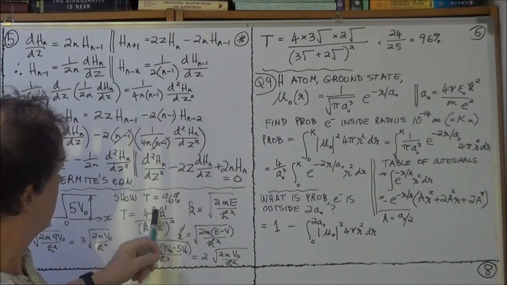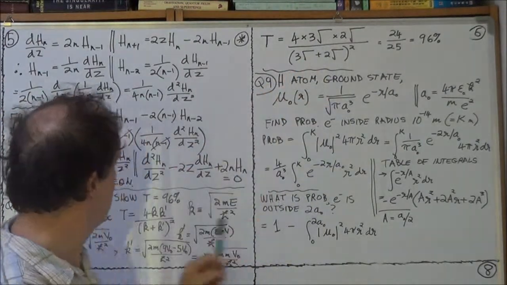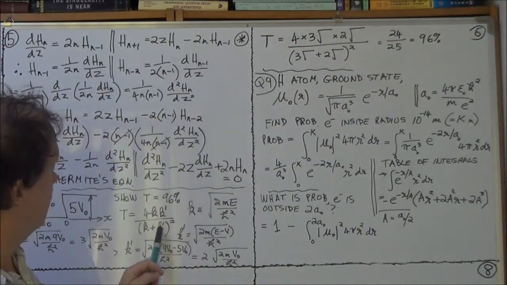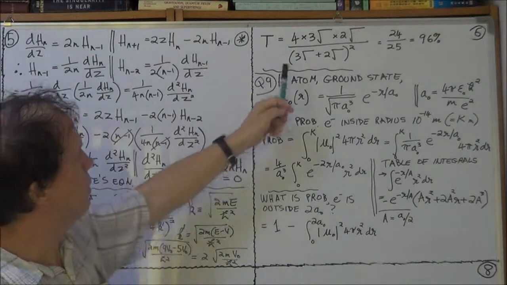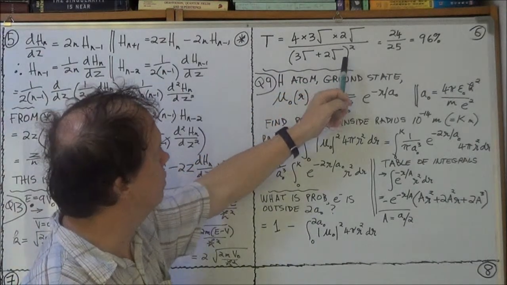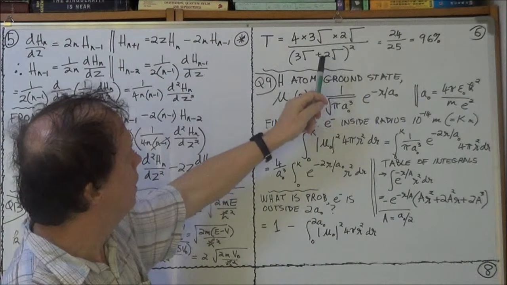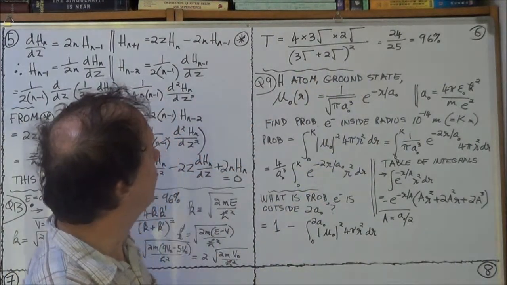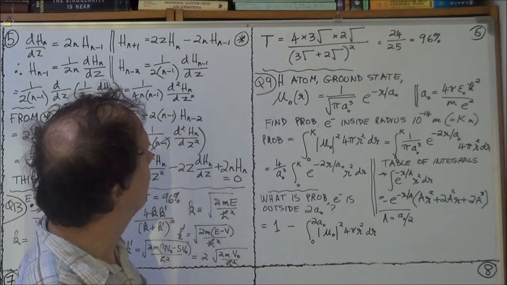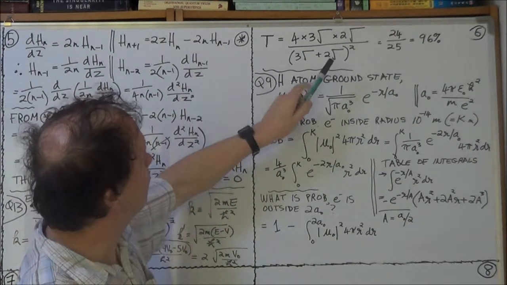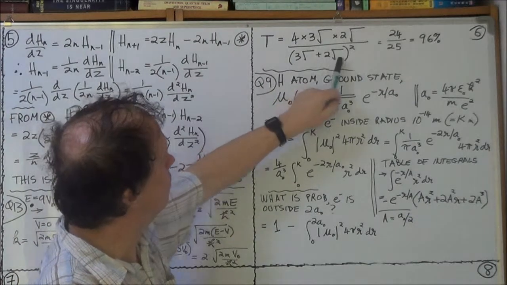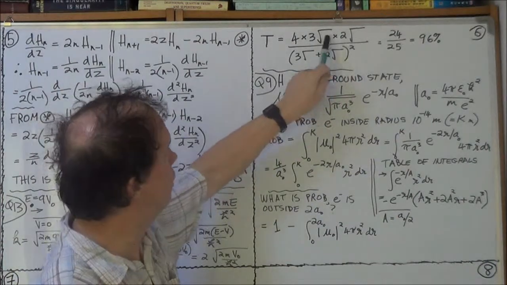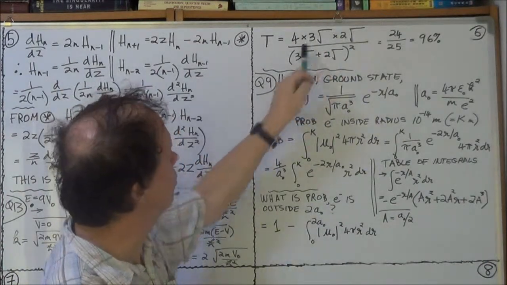So you'll get 4 times 3 root times 2 root, and then (k plus k') all squared, so that's 3 root plus 2 root, which is 5 root, all squared. Wait a minute. Yeah. So here you've got 5 root squared, so it's 25 times root squared. Here you've got root times root, so root squared.